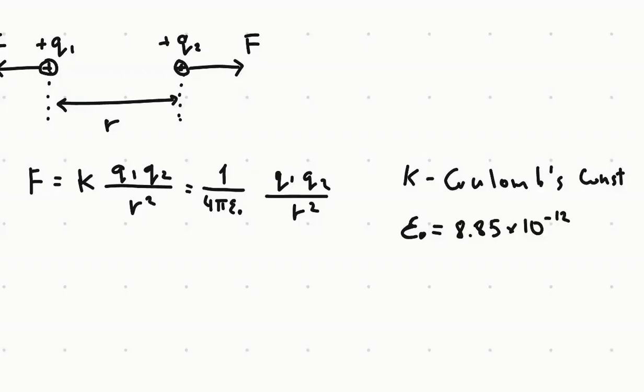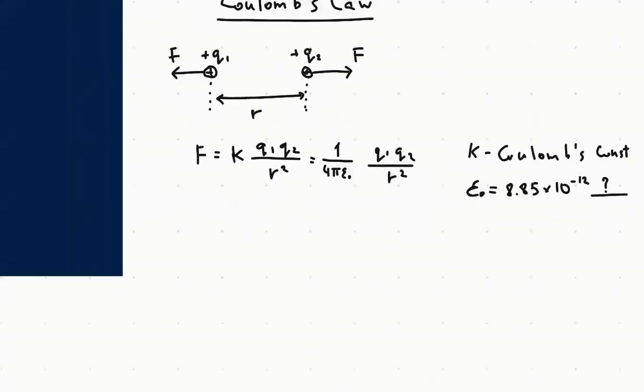And embarrassingly, I don't remember the units, but yeah, apologies for that. I don't remember the units for the permittivity of free space. I could work them out, but I don't want to spend too much time on this.